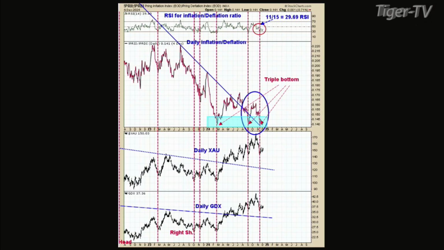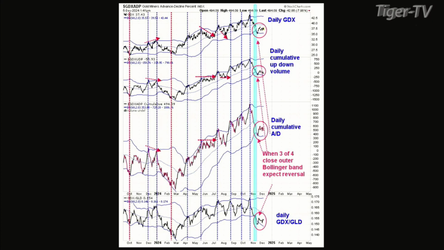I've got another indicator, chart 5. This is a little bit shorter term indicator that works just as well. Sometimes this indicator shows divergence, but anyhow, the red dotted lines are times. The top window is GDX, the next window down is cumulative up-down volume for GDX, the next window lower is the cumulative advance-decline for GDX, and the bottom window is the GDX/GLD ratio.